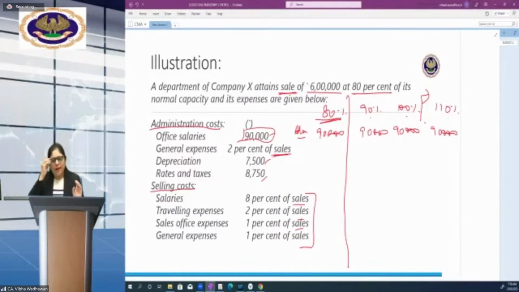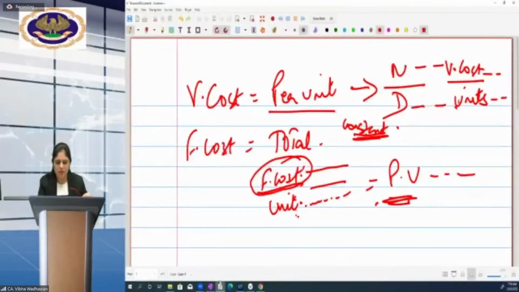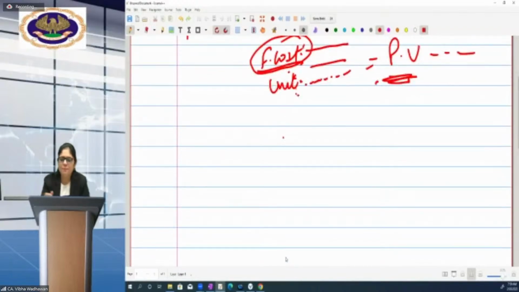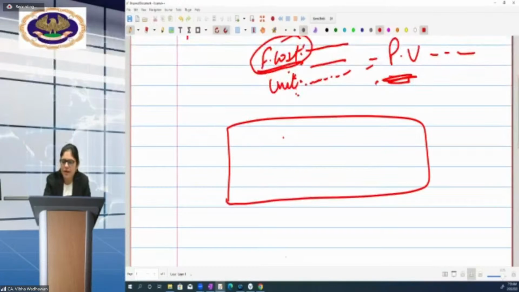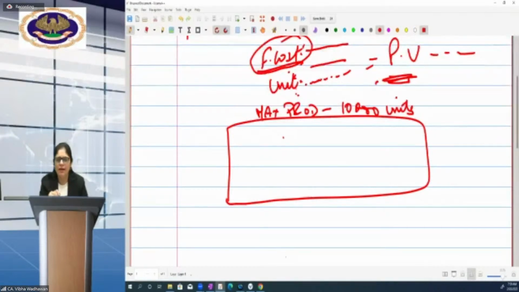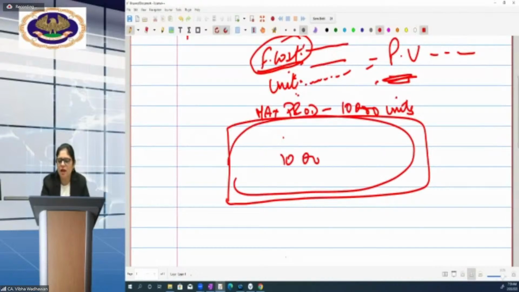Why? Let us say I have a factory area where I am operating at 100% of the capacity. Let me explain what I'm trying to say. This is a factory area. The maximum production in this factory can be, let us say, 10,000 units. The current production is also 10,000.